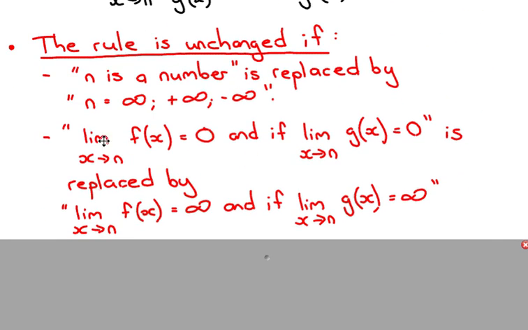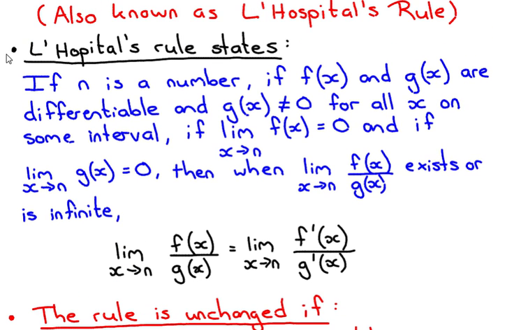We also have, if limit of f of x as x tends towards n is 0, and limit of g of x as x tends towards n is 0, is replaced by the limit as x tends towards n of my function f is infinity, and the other limit is infinity. So this rule still holds true if the limit of each of my functions is not 0, but if it is infinity.